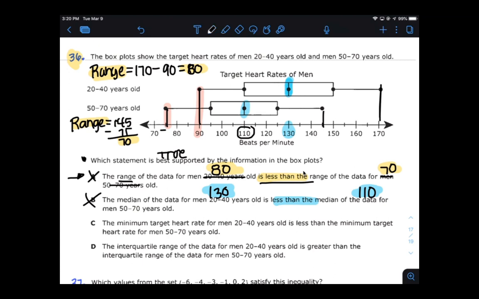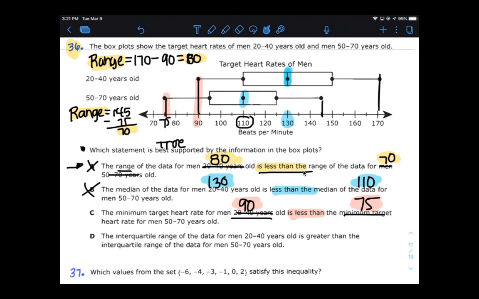The minimum value for 20 to 40 years old is 90, and the minimum value for 50 to 70 is 75. Then I read the statement again: 90 is less than 75. Well, obviously it's not. And that leaves me with the last statement to be true. I hope we didn't do anything wrong.